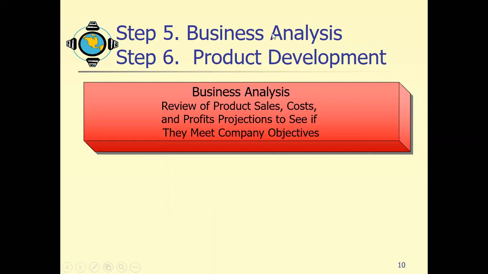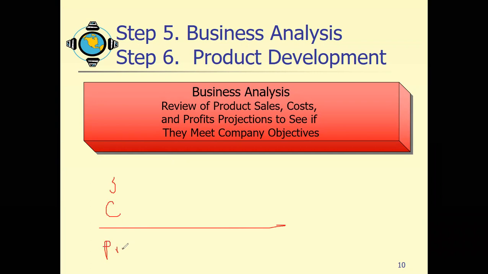Like sales, cost, and then profit projection. If your sale is 100 taka, and your cost is 80 taka, then certainly you will get 20 taka per unit.